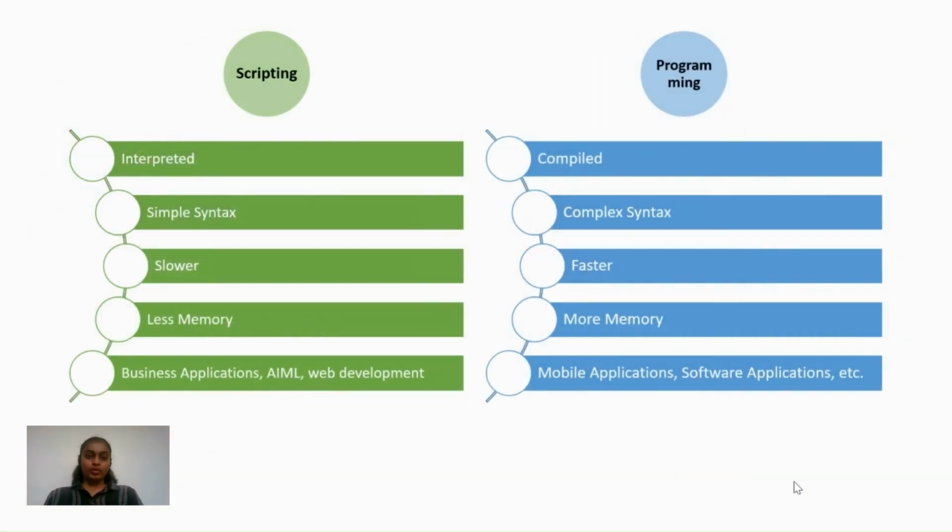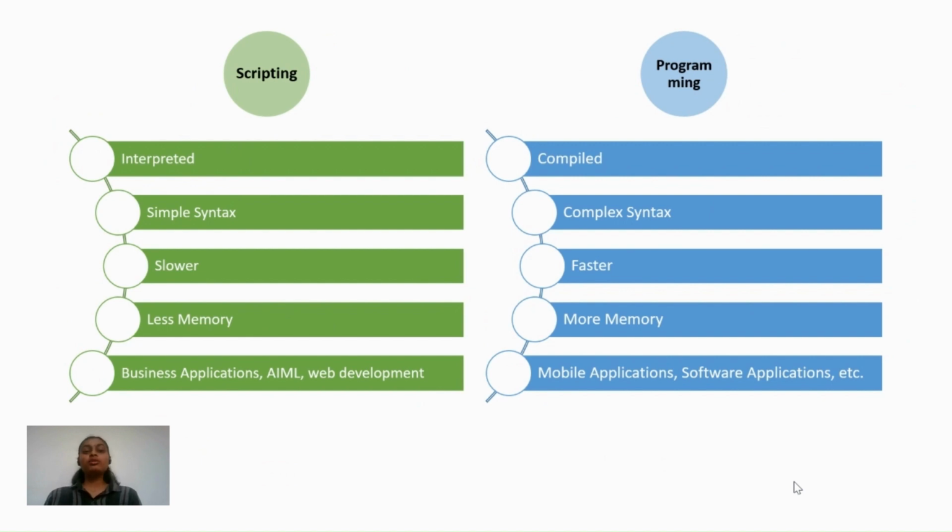Scripting languages are used to convert one line of code at a time into machine code, that is zeros and ones. So it is called an interpreted language. Whereas a programming language is used to convert the entire file of code, not line by line, into machine code, that is zeros and ones, at a time.